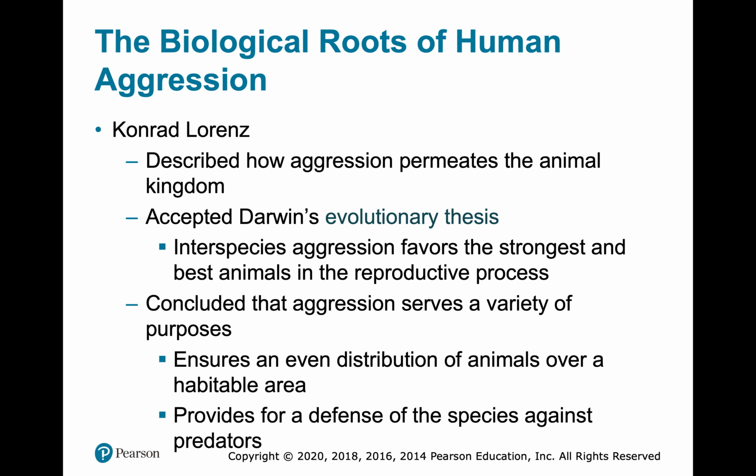Now, what are the biological roots of aggression? Now, Konrad Lorenz is describing how aggression permeates the animal kingdom. And he's a believer in Darwin's evolutionary thesis that interspecies aggression favors the strongest and best animals in terms of reproduction. And he concluded that aggression serves a variety of purposes. It ensures an even distribution of animals over a habitable area and provides for defense of the species against predators.